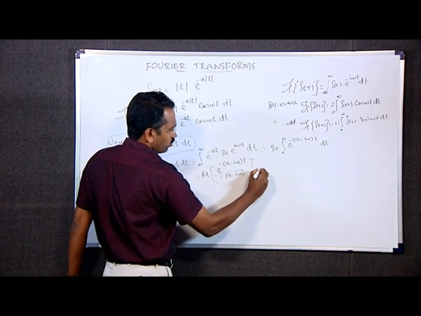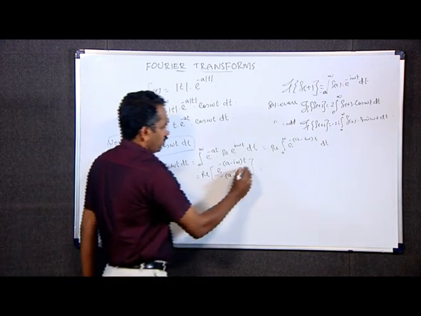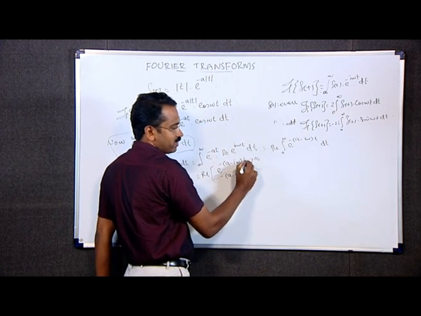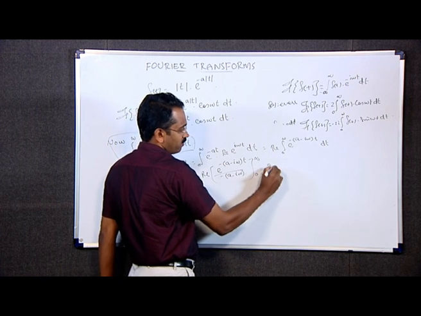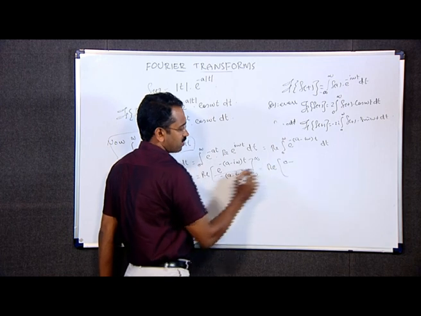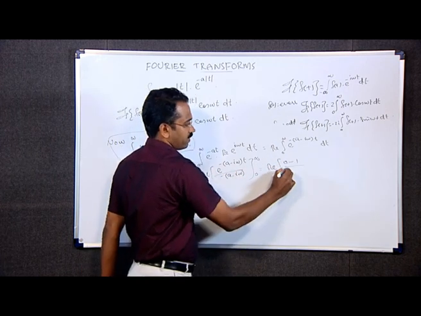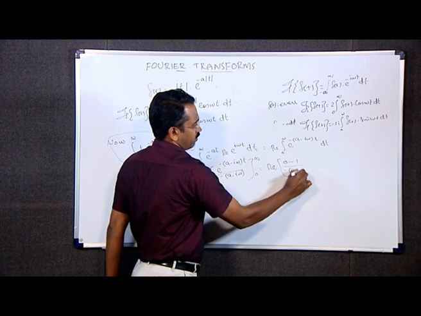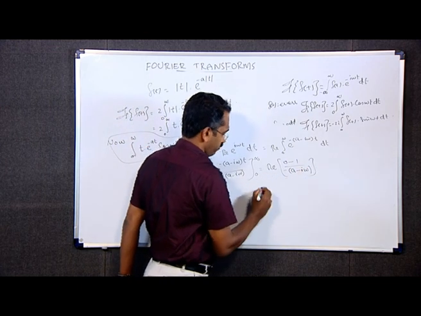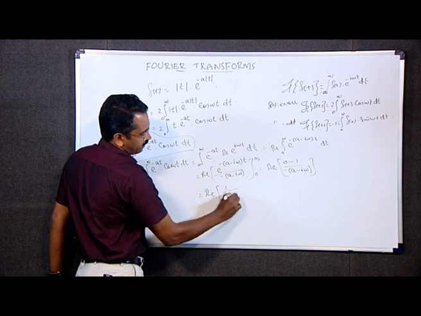The limits are 0 to infinity. When t tends to infinity, this will become 0, that is the real part of 0 minus e raised to 0, which is 1, divided by negative of (a minus I omega). That is equal to the real part of 1 divided by (a minus I omega).